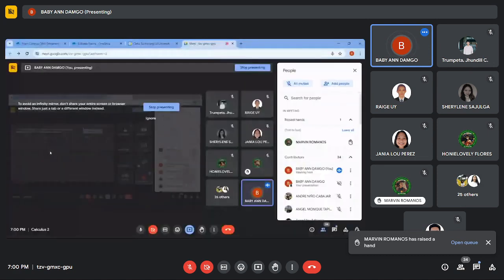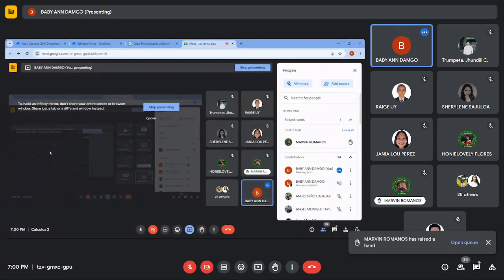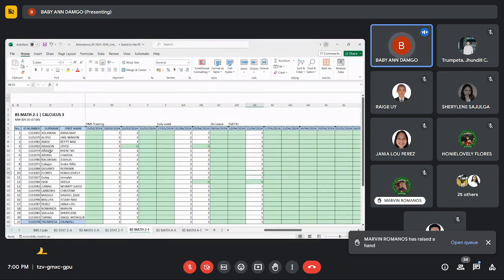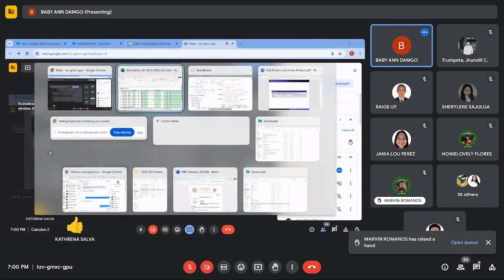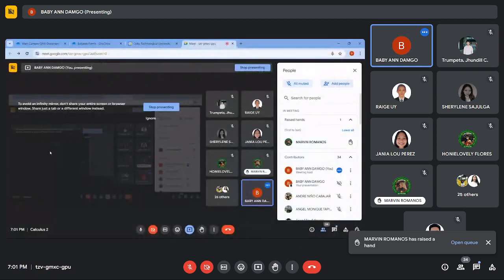Iso is absent? Romanos? Okay, 2. None else? For BS Math 1, Iso. And for BS Stat 2A, Umulon.